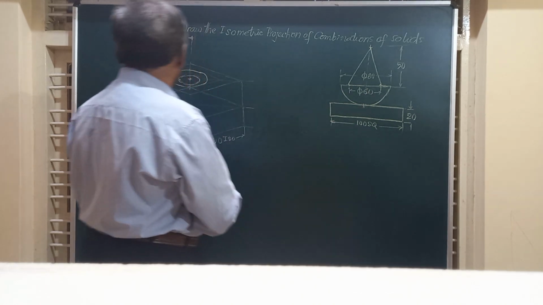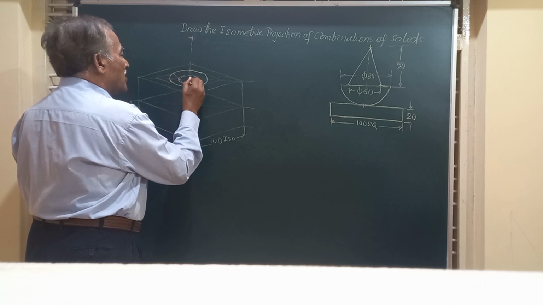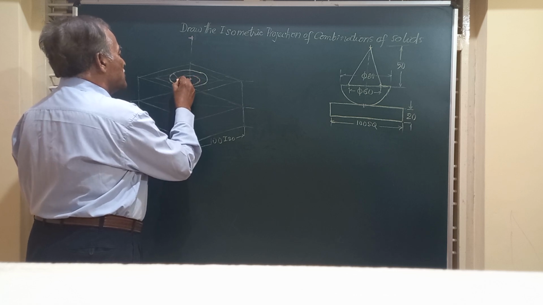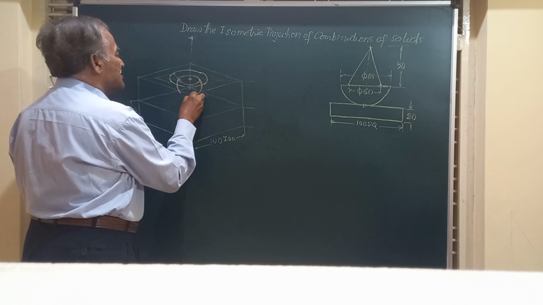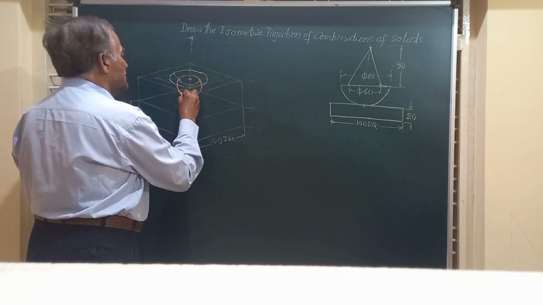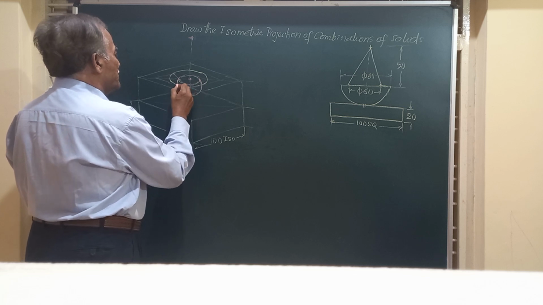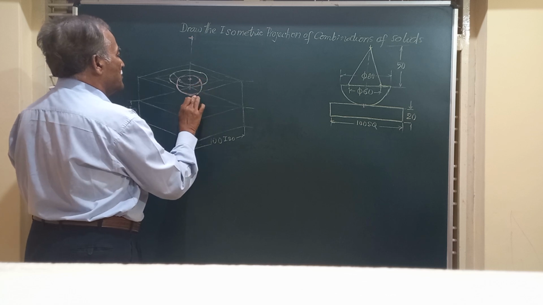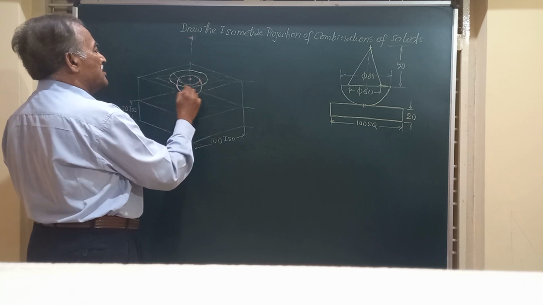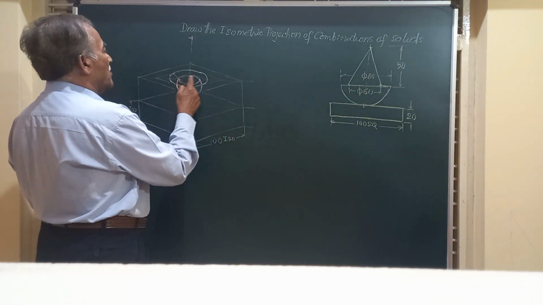So 30 mm I should take, and friends, I should draw an arc with this center so that this will be approximately like this. Friend, this is going to be the center of this. So the ellipse you have got here.